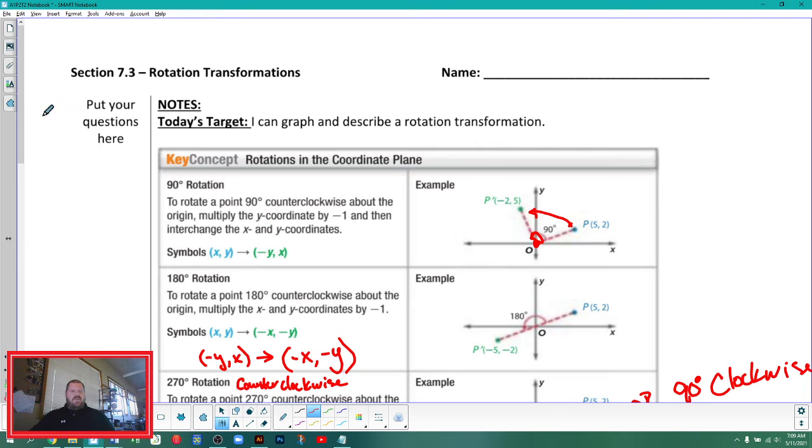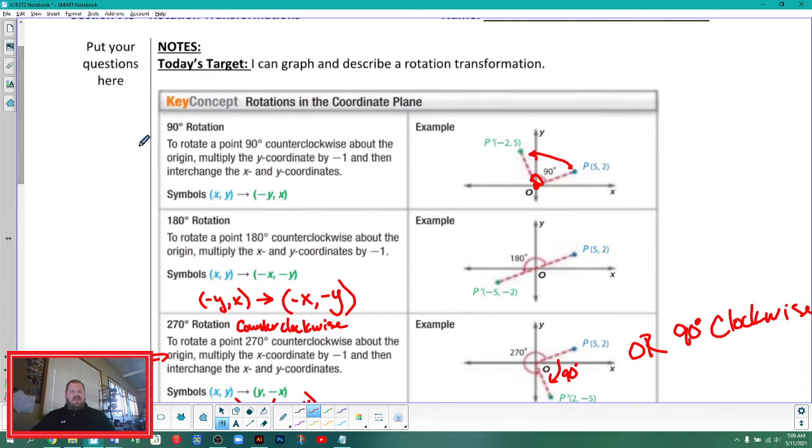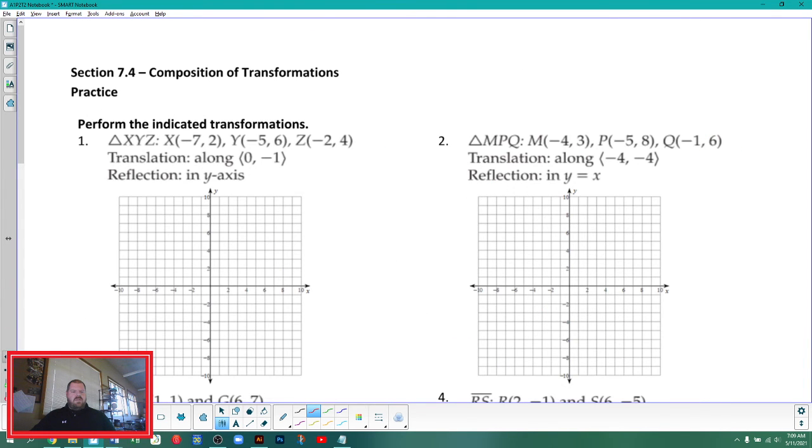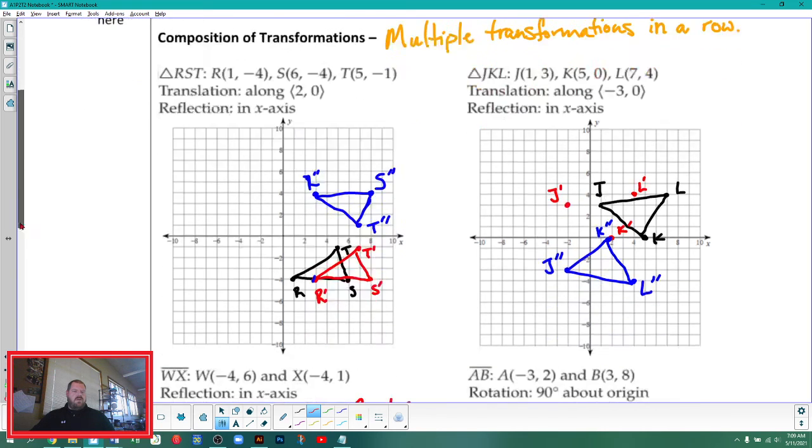That was an old day. I've probably fixed that mistake by now. So 90 degrees counterclockwise. Oh, no, that is right. Sorry. 90 degrees counterclockwise takes xy to be negative y, positive x. So let's get to that.